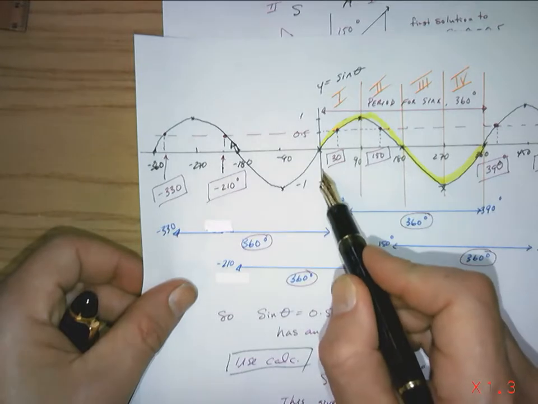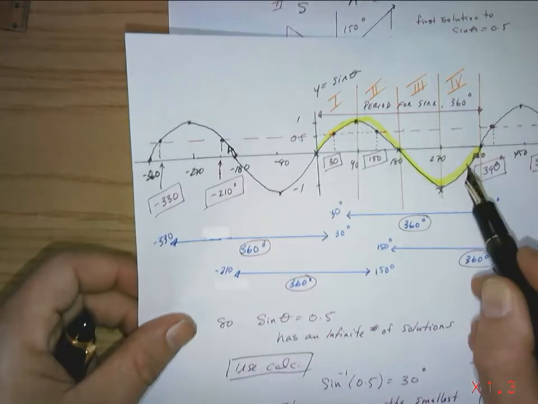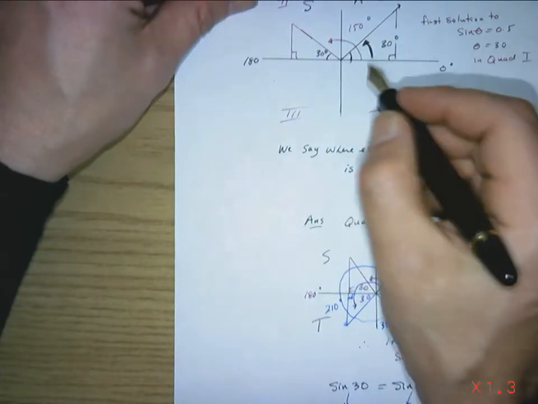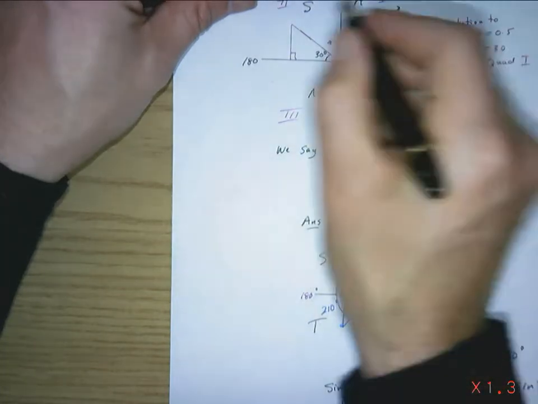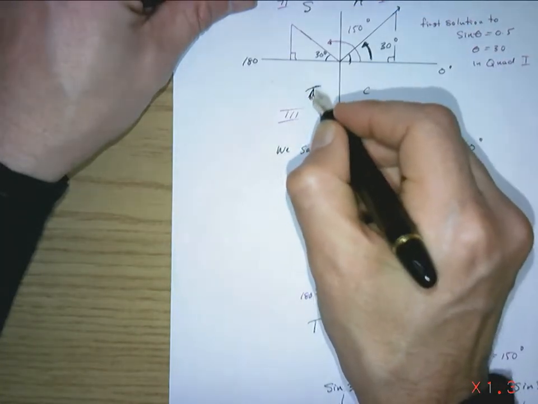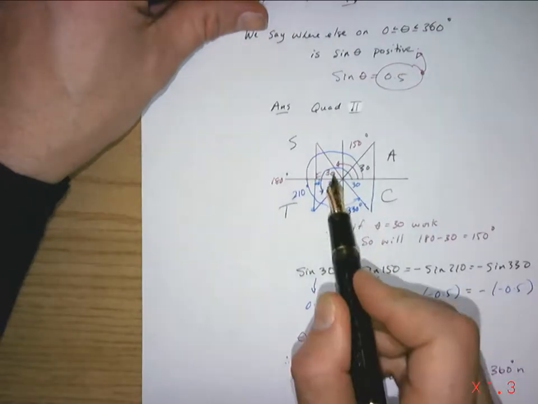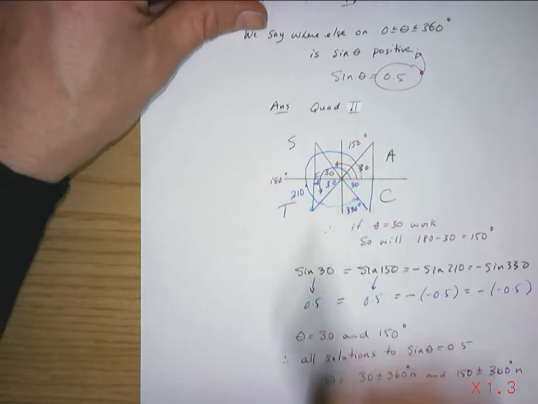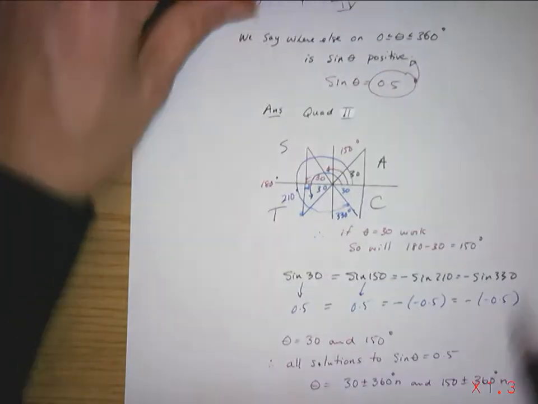Notice we will have a negative 0.5 in the other two quadrants, but that's negative, it's not the same answer, so we don't want this area because, following the CAST rule again, C-A-S-T, sine is going to be negative here and negative here. So that's not going to work out. And so our other answer is in here, and we know that is going to be 150 by doing the work that we talked about, 180 minus 30.